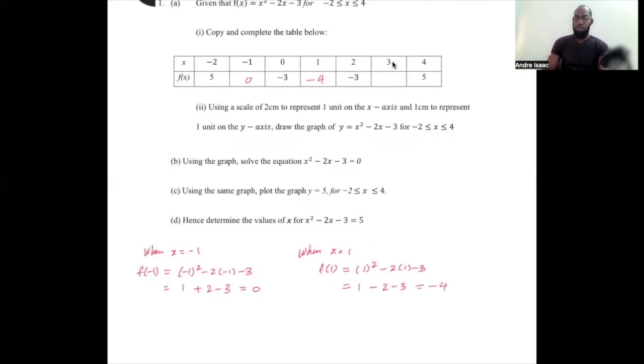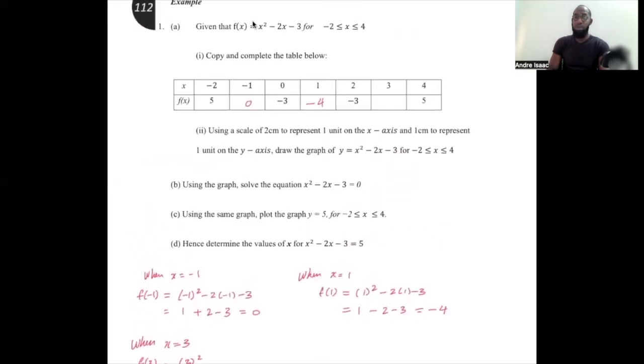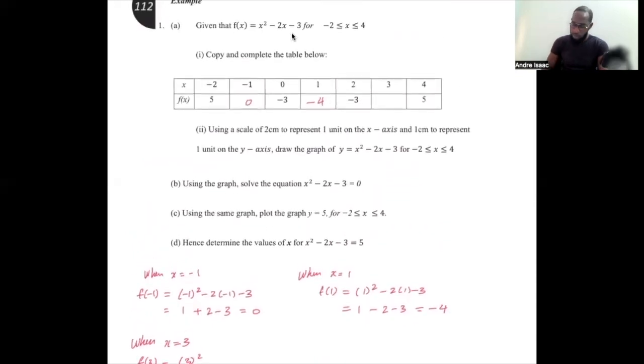When x equals 3, f of 3 is equal to 3 squared minus 2 by 3 minus 3, following this function here.